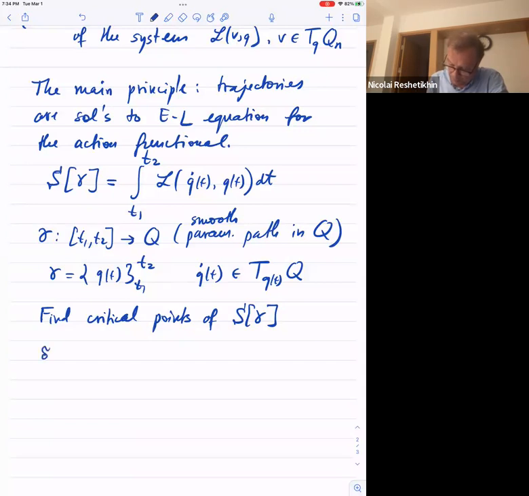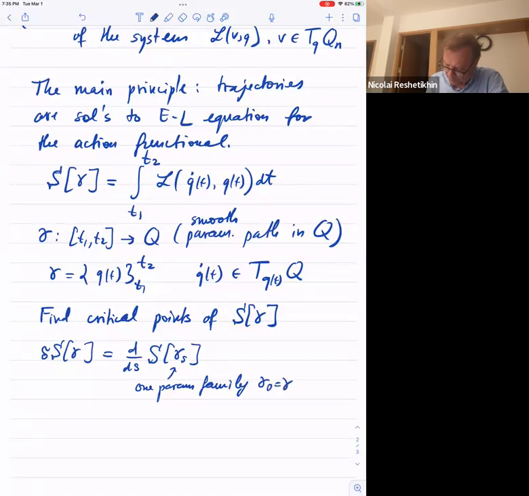I'll define it like this: d/ds of S. We take this path and create a one parametric family such that gamma 0 is equal to gamma, and we evaluate this at time 0.